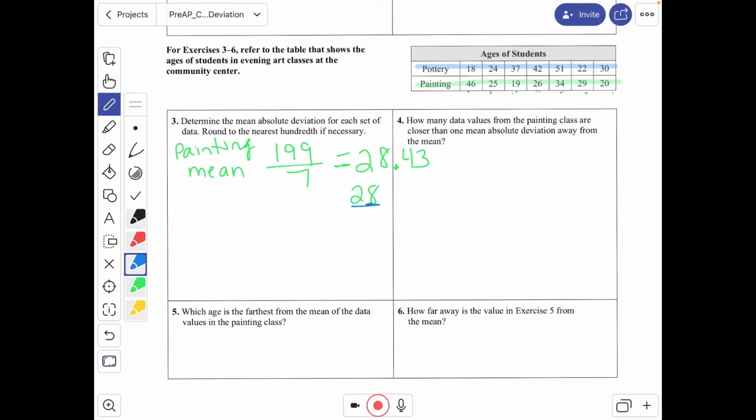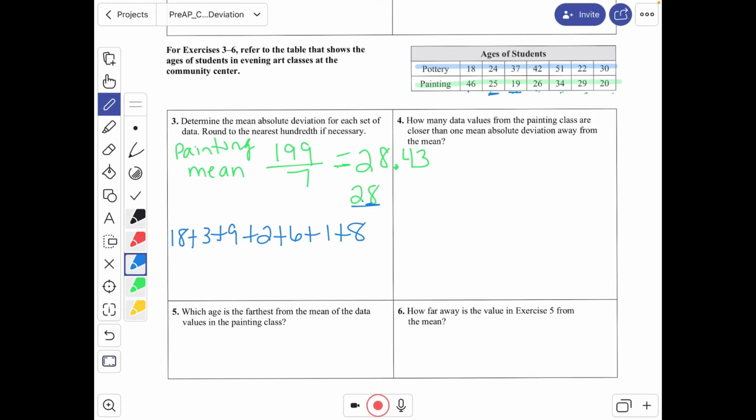So 46 minus 28 would be 18, and 28 minus 25 would be 3, and 28 minus 19 is 9, and 28 minus 26 is 2, and 34 minus 28 is 6, and 29 minus 28 is 1, and 20 minus 28 is 8.